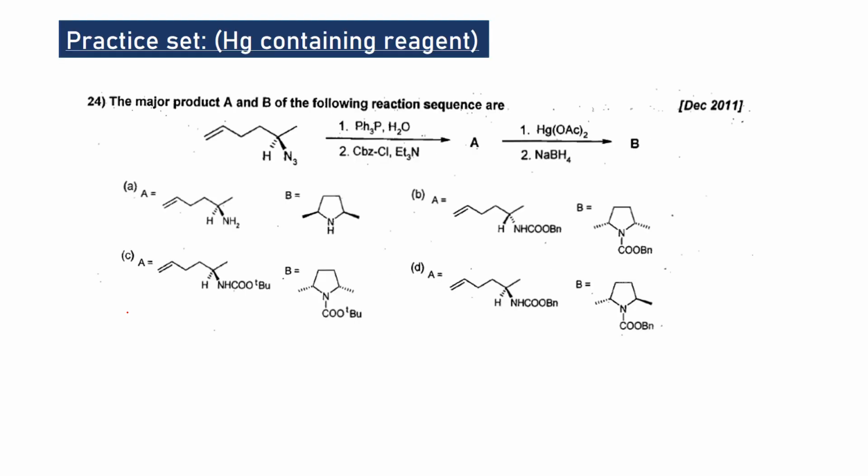Let's go to our next question. What will be the major product A and B of the following reaction sequence? So on this same concept, in presence of PPh3, the azide will get reduced to form this NH2.